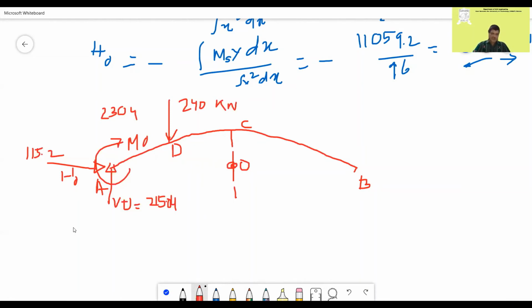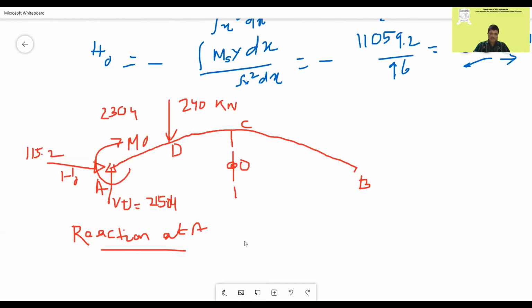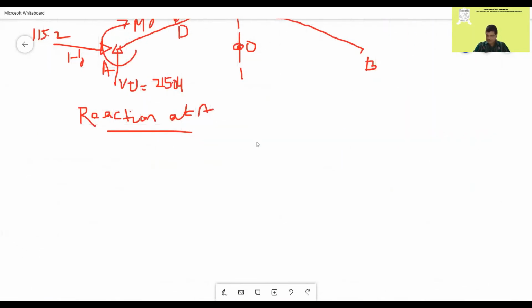Now, what is the reaction at A? We find it using H0 and all these things. So here is the reaction at A.